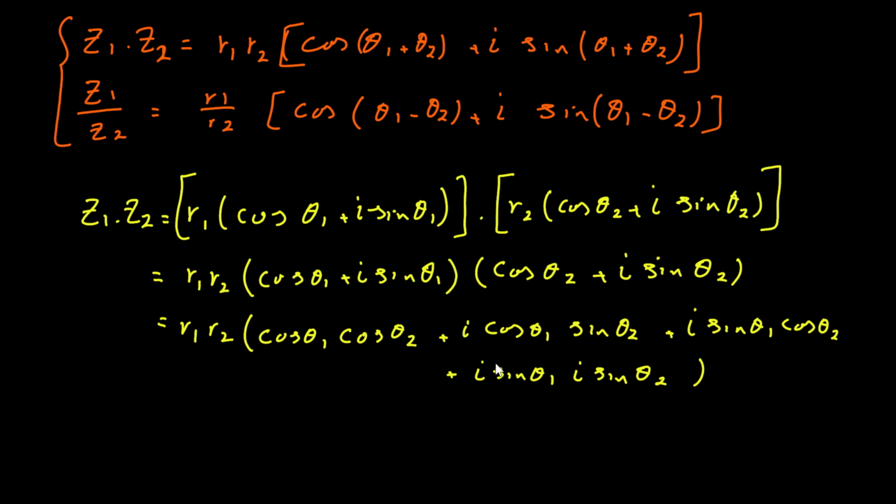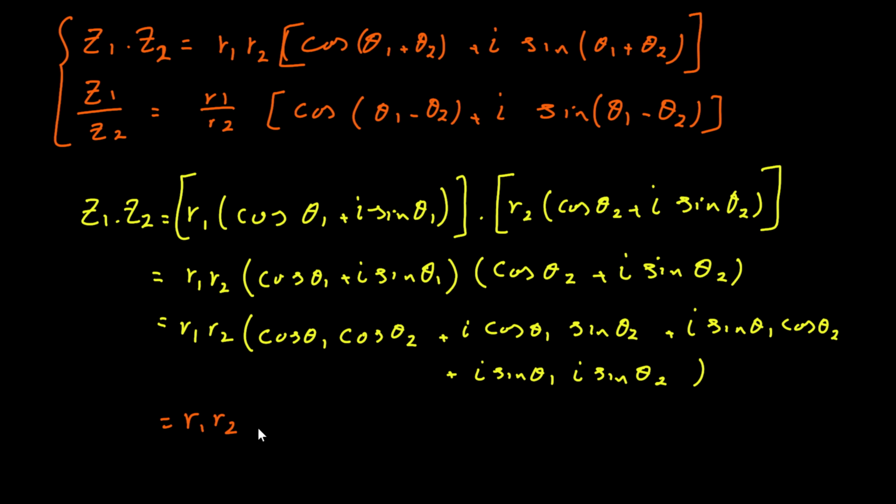Now it goes to simplifying. If you look here, we have i multiplied by another i. So I have i squared, which is negative 1, so that's going to be the negative value here. Let me do some simplification and write this again.